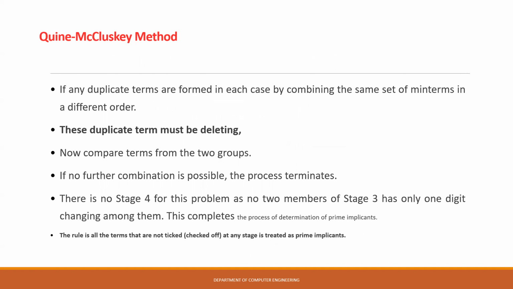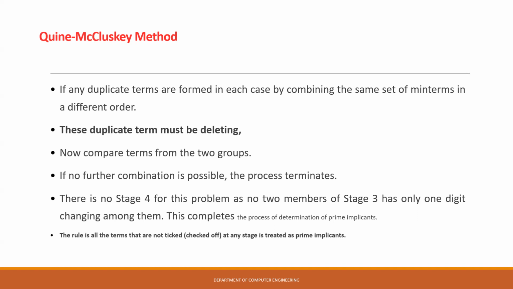Now compare terms from the two groups. If no further combination is possible, as discussed, the process terminates. There is no stage 4 for this problem, as no two members of stage 3 have only one digit changing among them. That completes the process of determination of prime implicants.